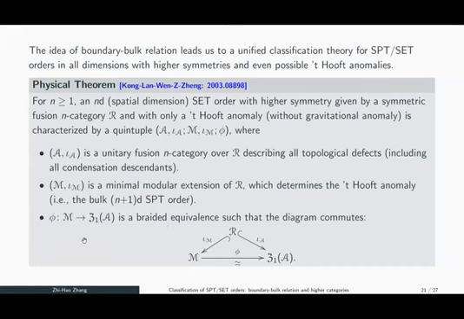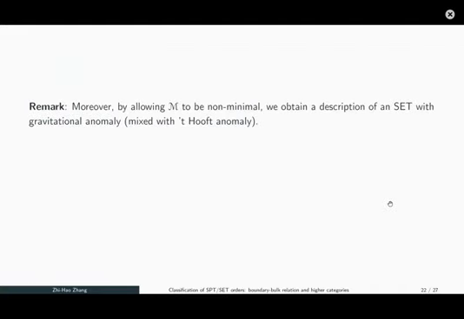And finally, we need a braided equivalence that says the bulk of A is the same as this SPT order. Okay, and we have this commutative diagram, which means the symmetry charges are preserved. Okay, if we allow M to be non-minimal, we also obtain the description of SET orders, which is the so-called gravitational anomaly.